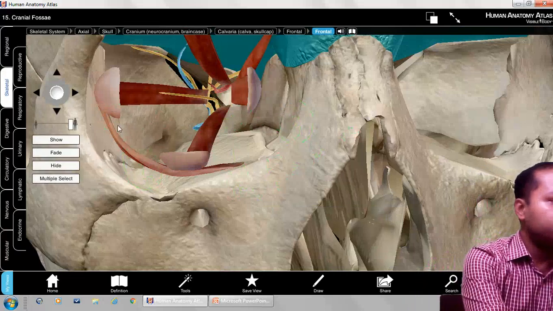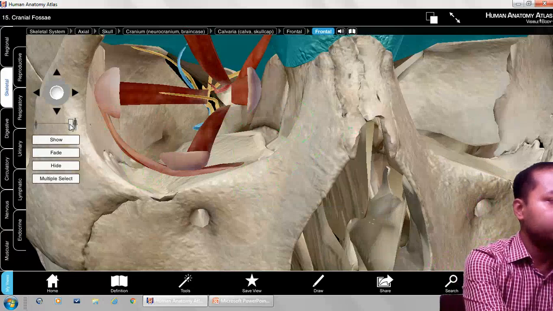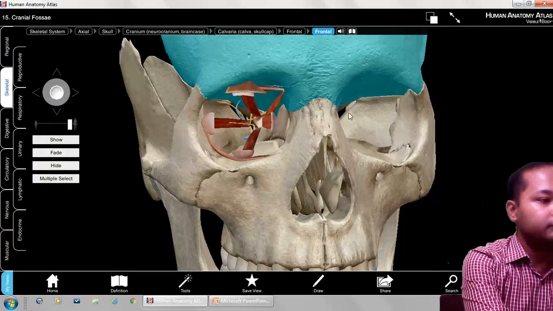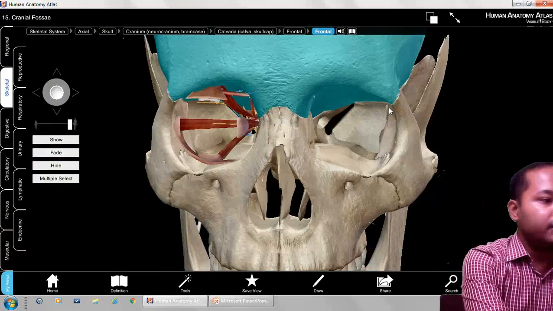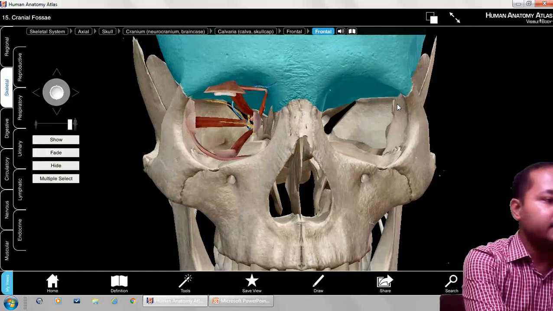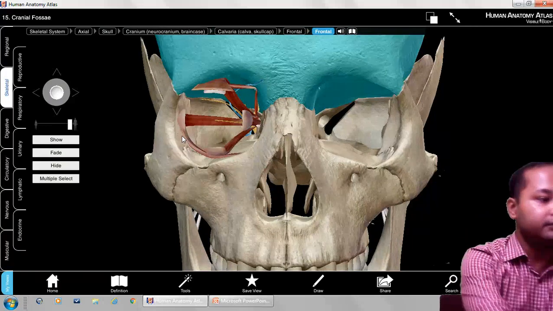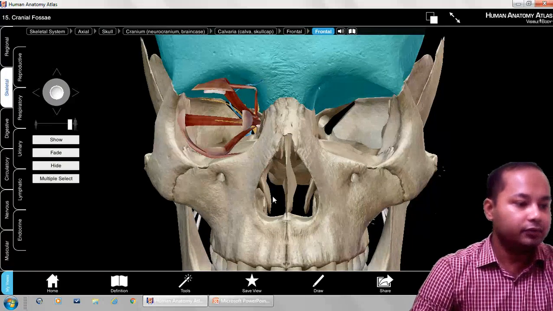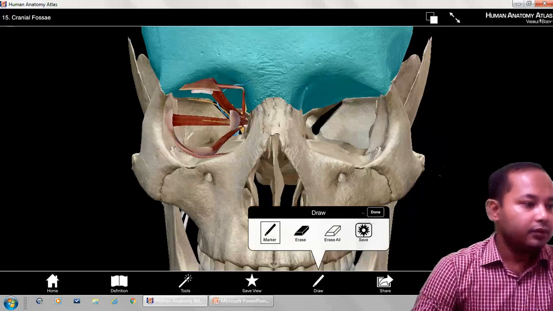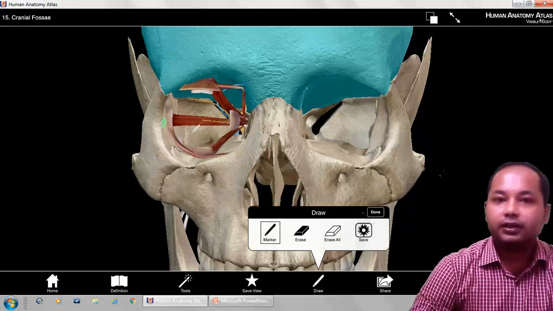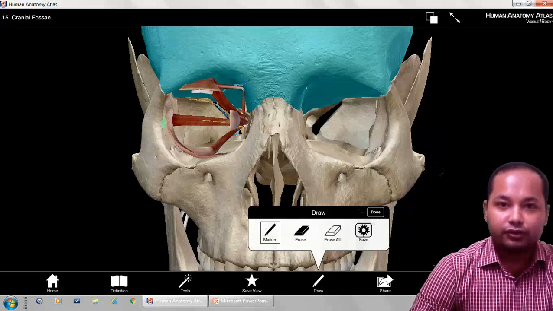When I zoom out, I just want to show you one thing, that in the lateral part I had shown a tubercle. I'll link it out. In this part there is a formation of a tubercle which is called Whitnall's tubercle.